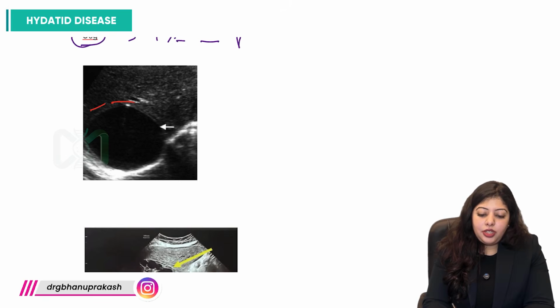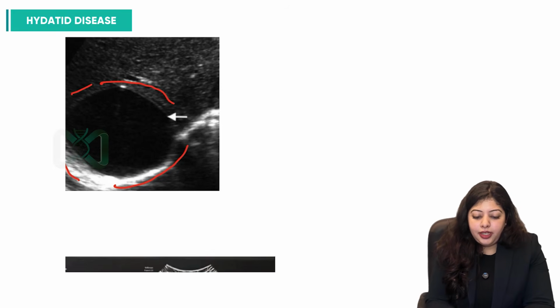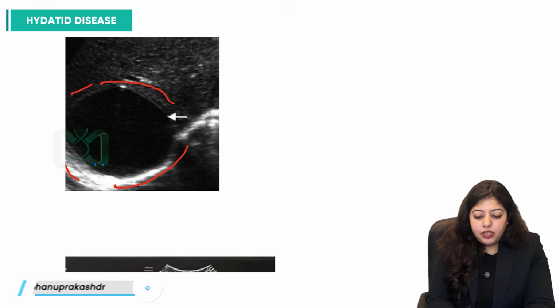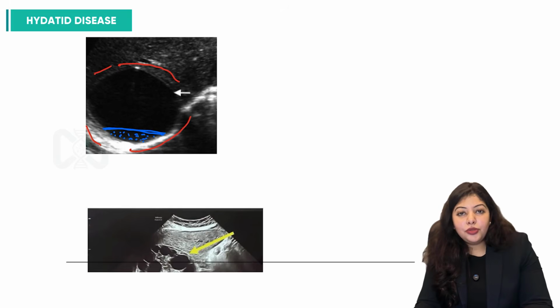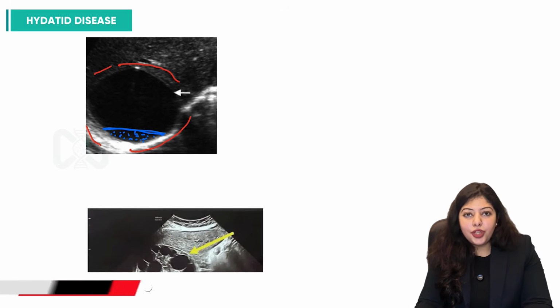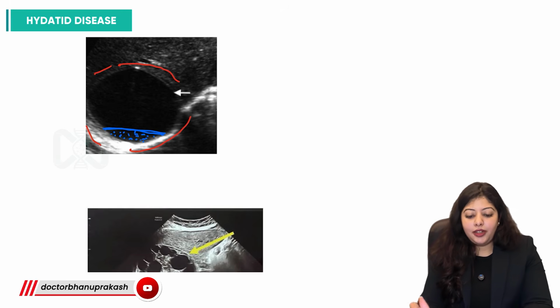So can you appreciate this round echogenicity? And also, if you look closer, can you see these small granular structures, small granules present only at the lower end of this structure? So these are nothing but the protoscolices, or the future heads, which are getting deposited at the bottom of the cyst structure, right?